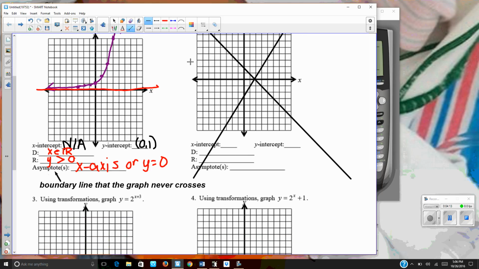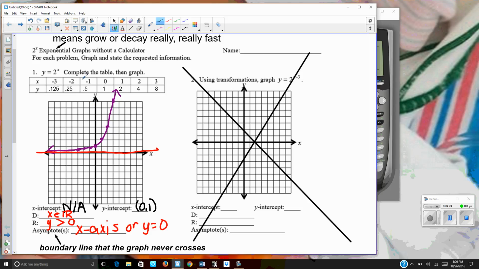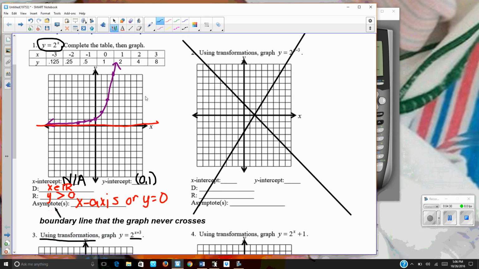But number 3, notice this one says we're using transformations to graph this function. So this is just a shift of the parent function. This is the parent function that we're going to be shifting all over the place in this worksheet.